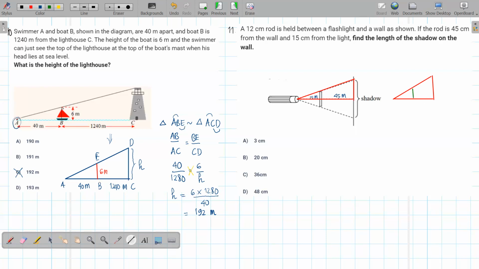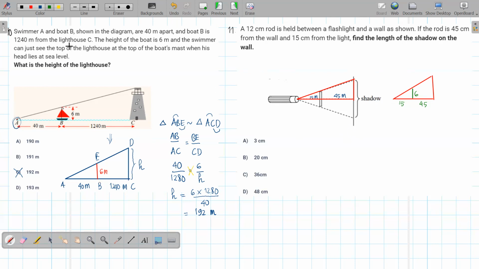So it is actually a half. Now the rod becomes half of 12, which is 6 centimeters. From the light to the rod is 15, and from the rod to the wall is 45.